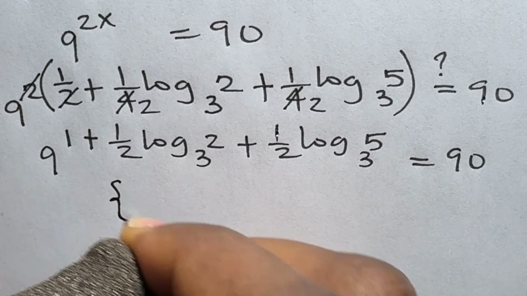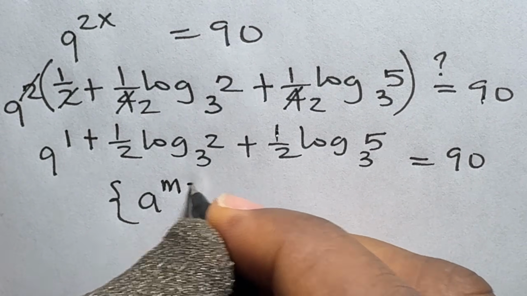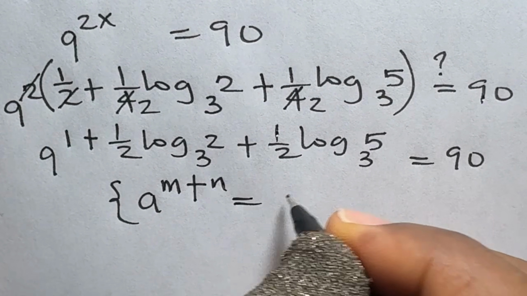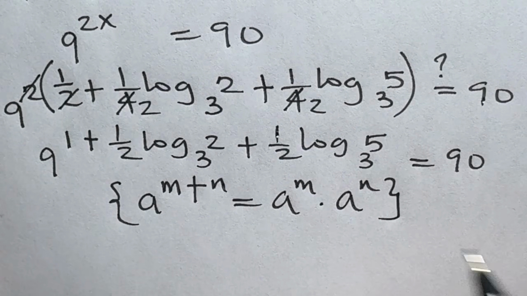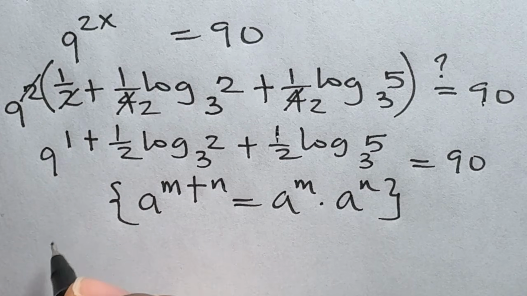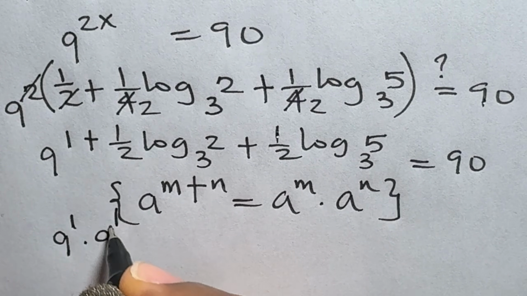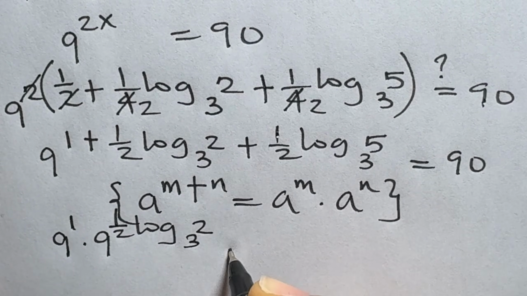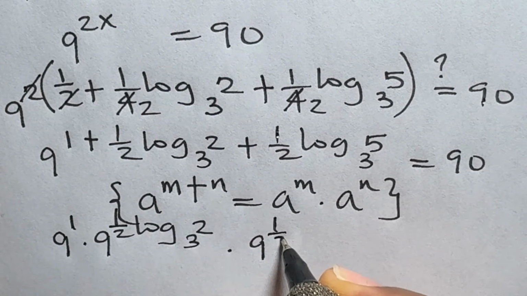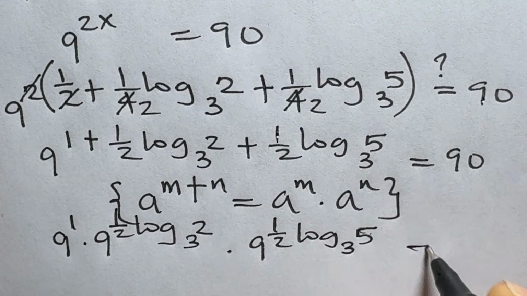By indices, we can separate these powers using a raised to power m plus n equal to a raised to power m times a raised to power n. This would then give us 9 raised to power 1 times 9 raised to power 1 over 2 log 2 base 3 times 9 raised to power 1 over 2 log 5 base 3 is equal to 90.